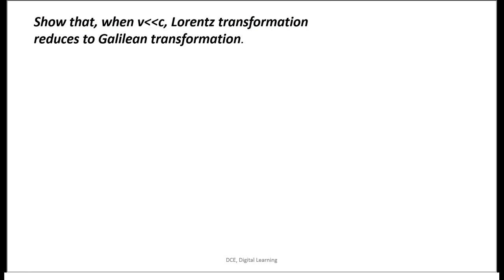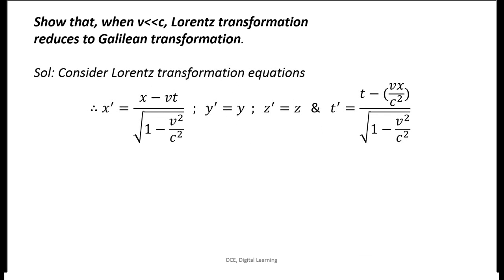Now we are going to show that when the velocity of a particle or a body is very much smaller than the velocity of light, c, the Lorentz transformation reduces to the Galilean transformation. Here v is the velocity of the particle.